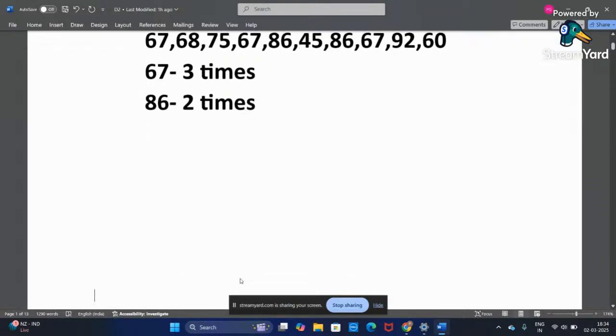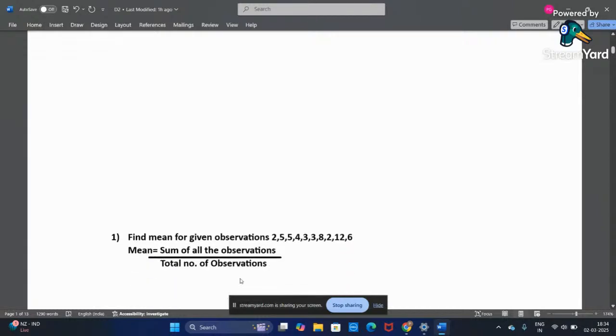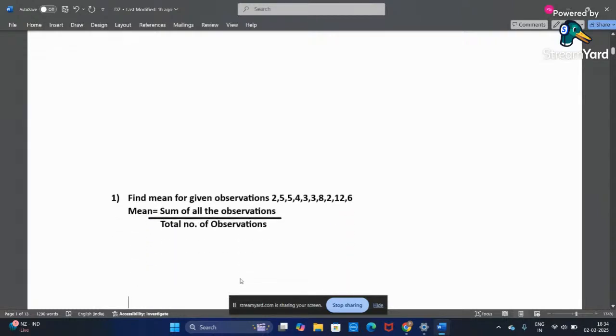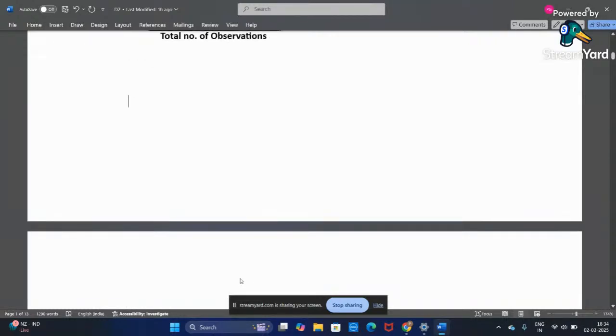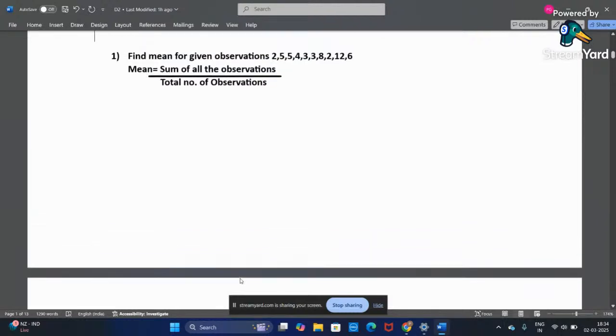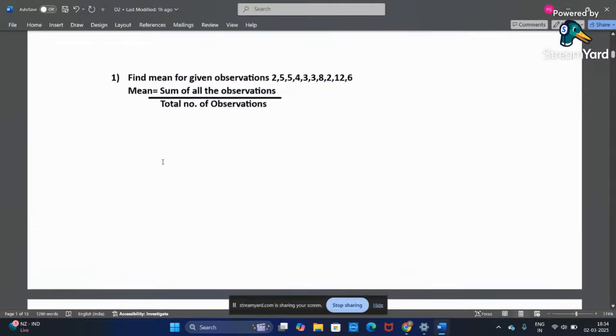Okay, let's move on to solve the problems. Find the mean for the given observations: 2, 5, 5, 4, 3, 3, 8, 2, 1, 2, 6. First, we need to sum all these numbers and divide by the total number of observations.